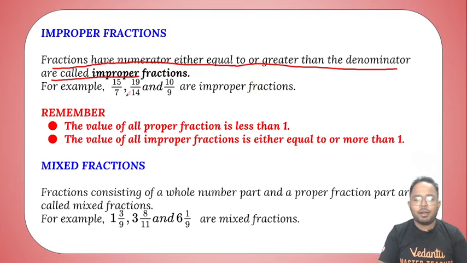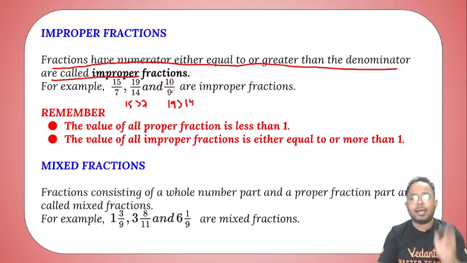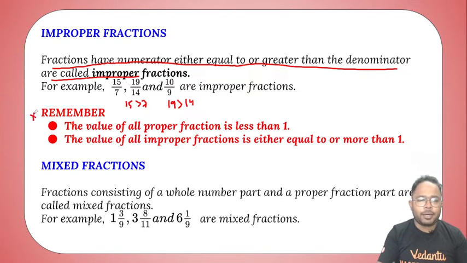For example, 15 by 7. 15 is greater than 7. 19 is greater than 14. 10 is greater than 9. So, a very important takeaway point is, remember that the value of all proper fractions is less than 1.